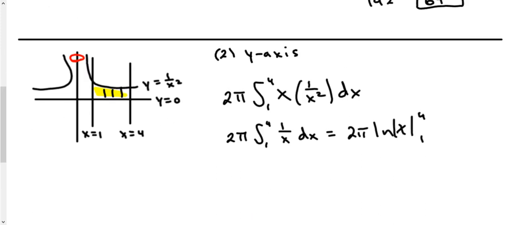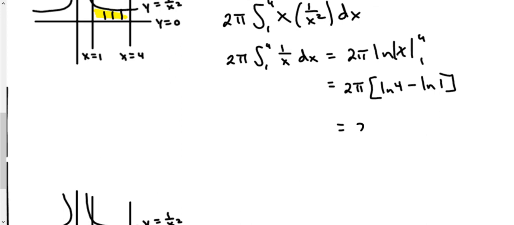Right? So let's see, plug in 4, and we get natural log of 4, minus plug in 1, we get natural log of 1. So we get 2 pi times the natural log of 4. Now, there's nothing wrong with that answer. That's a fine answer. We could use the calculator to get a decimal approximation, but exact answers are always nicer.